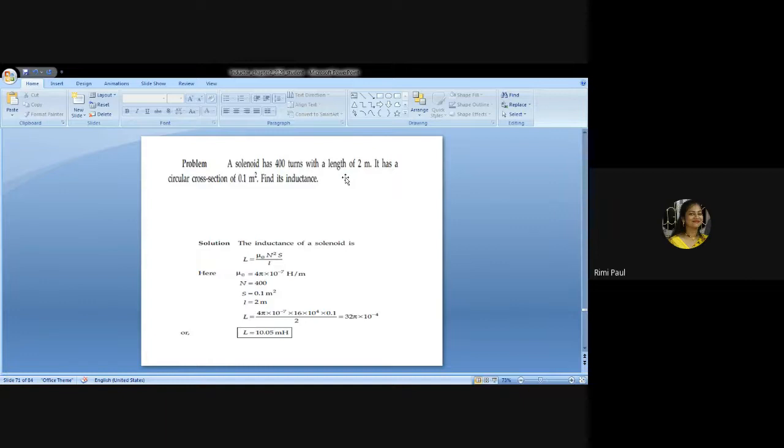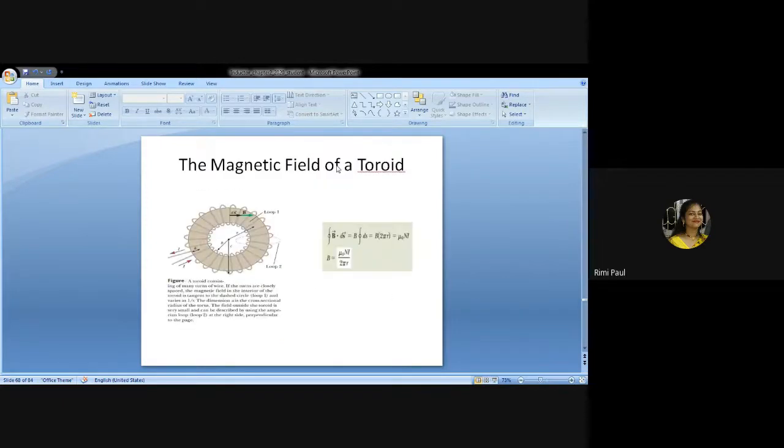The data is not sufficient, but we can consider here that it is the air core solenoid.